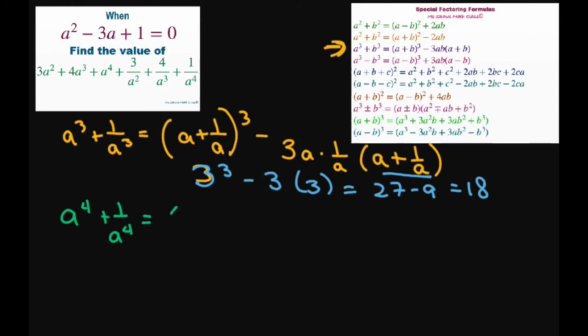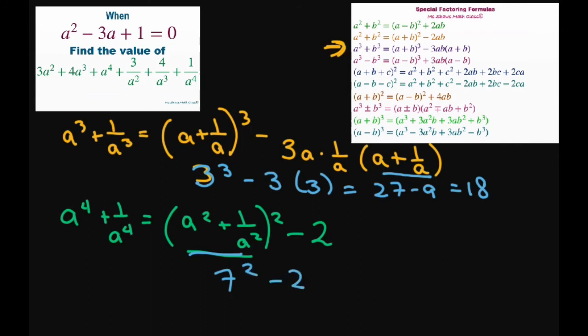We're going to do just like we did on the first one, except for a, we're going to do a squared plus 1 divided by a squared, squared, minus 2 times 1 times 1. We got a squared plus 1 divided by a squared to be 7, remember? So that's going to be 7 squared minus 2, which equals 47.